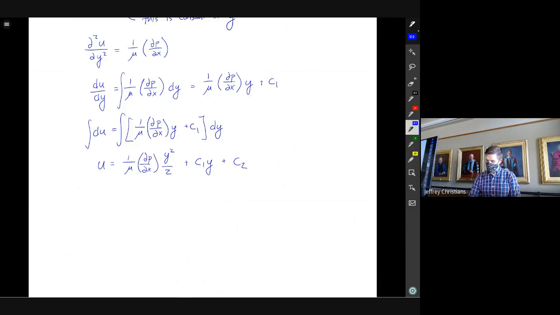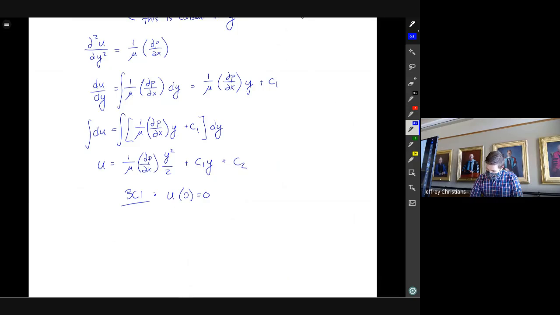Then we can take these constants and find out what their actual values are from our boundary conditions. Our first boundary condition is that the velocity at the bottom plate is 0. So that's our first boundary condition. U, velocity at 0 is 0.